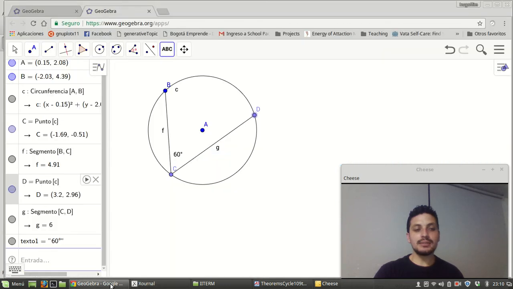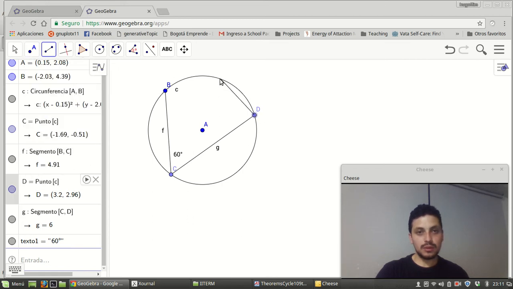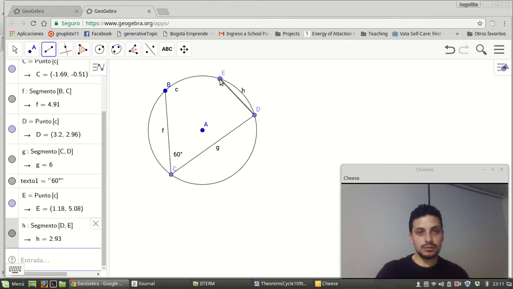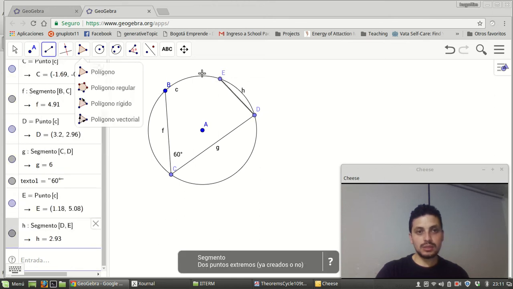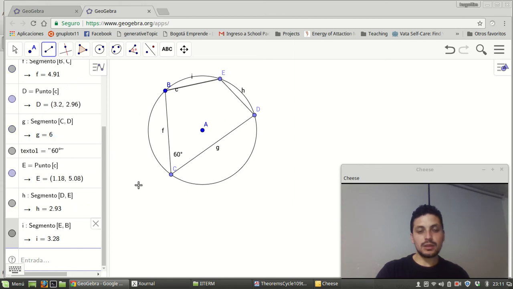Let's say that we're going to change, we're going to set another point here, another point here, and we're going to set a quadrilateral here.